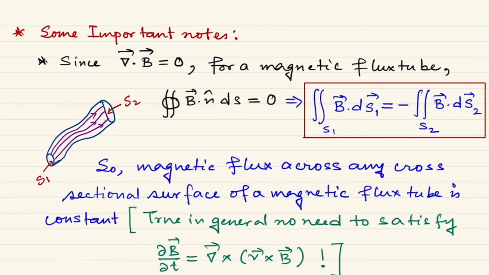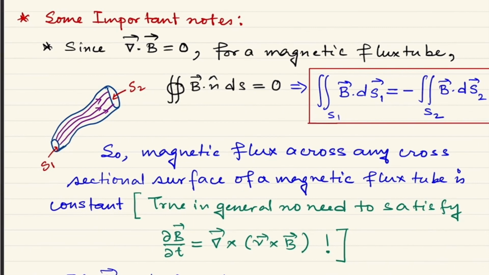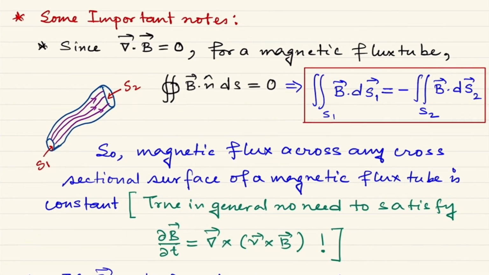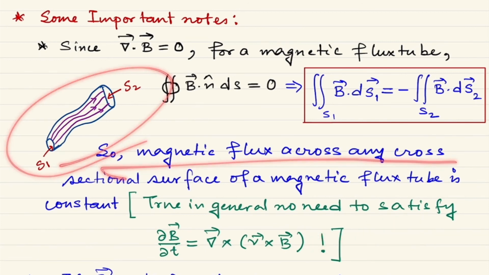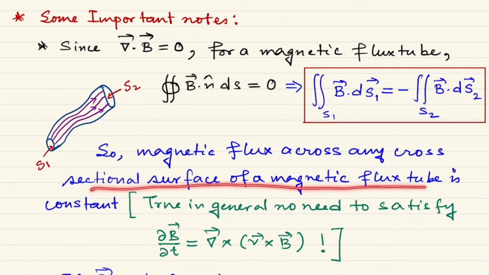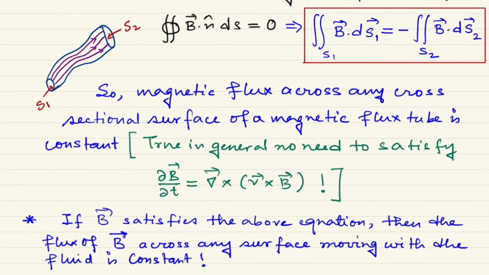It simply says that even if this is not true for some system, for example, if your system has some viscosity, there will be a term with viscosity, eta nabla square B. But still this fact is correct, that the magnetic flux across any cross-sectional surface of a magnetic flux tube is constant.